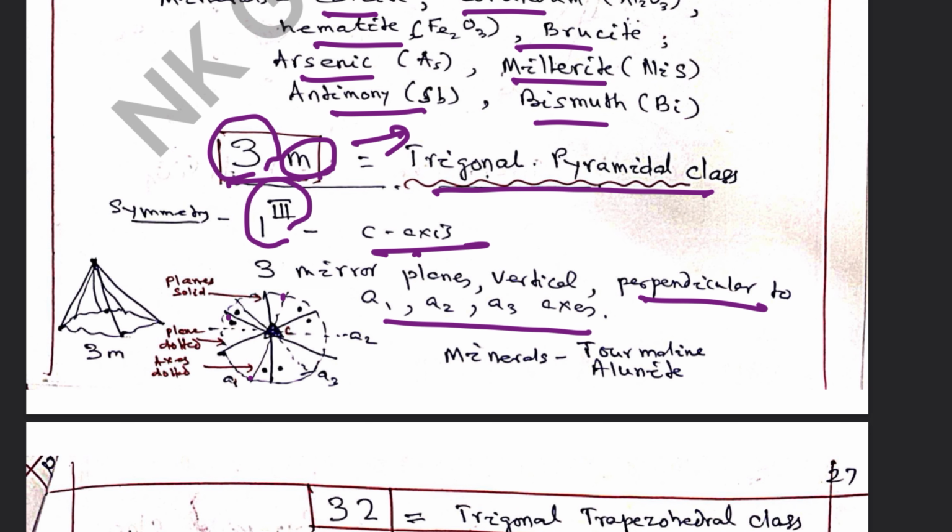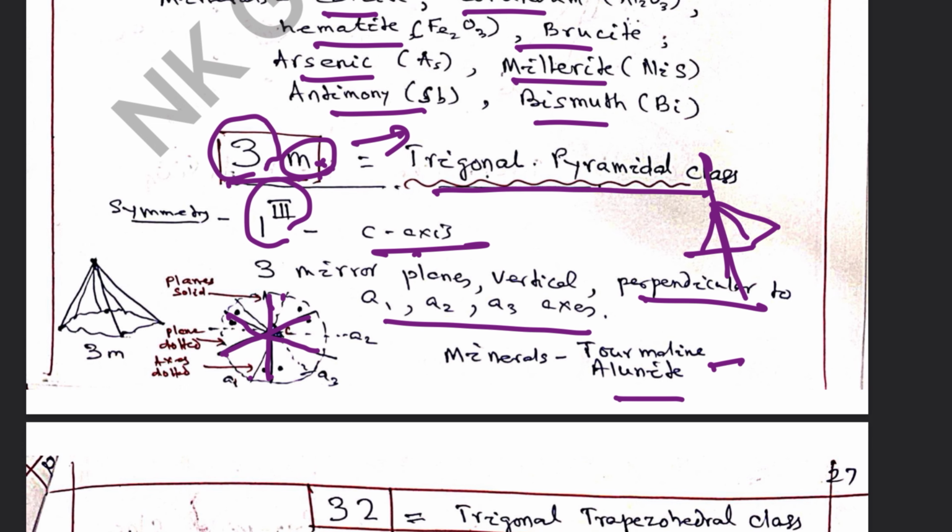Perpendicular to these axes are the 3 mirror planes, and it is found in the case of tourmaline, alunite. These are the minerals which show 3M, trigonal pyramid. Again, this axis of threefold contains another 3 axes that contain mirror planes.